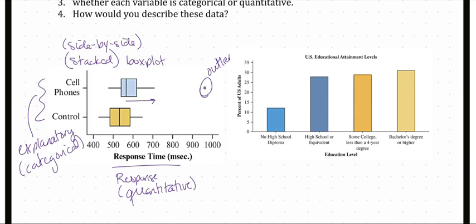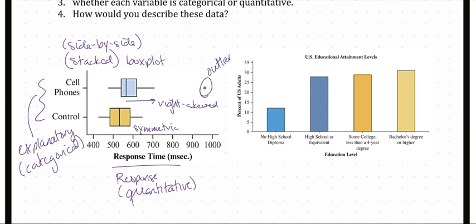However, for the control group, for those who did not use cell phones, it looks roughly symmetric. One thing we cannot tell with a box plot is the modality. So we do not know if this is unimodal, bimodal, or amodal. Well, it can't be amodal if it's skewed.